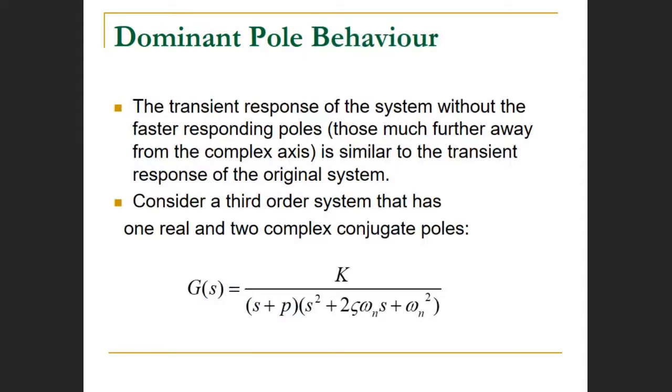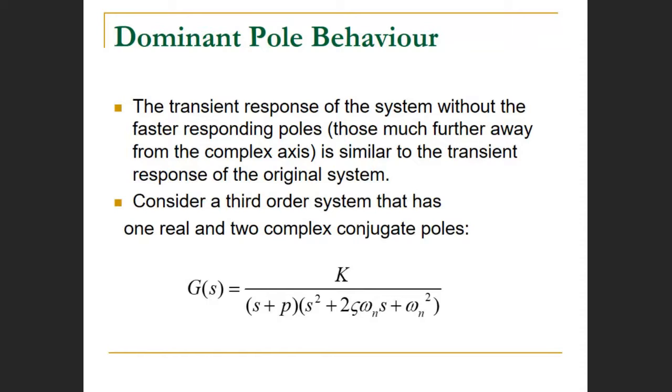So the transient response of the system without the faster responding poles, those much further away from the imaginary axis. What we're going to find is that when the poles are further away from the imaginary axis, their responses die out quickly.